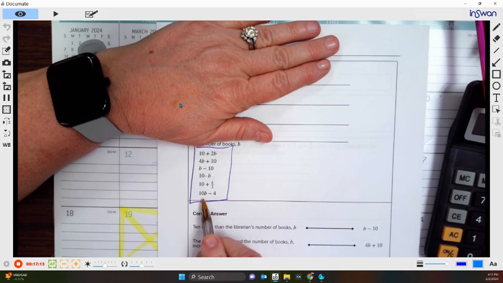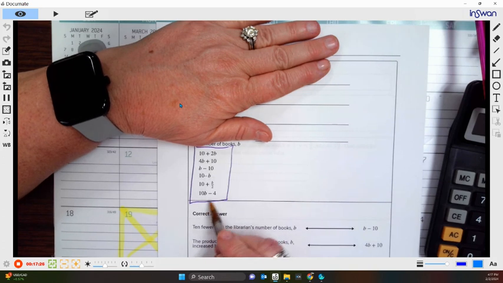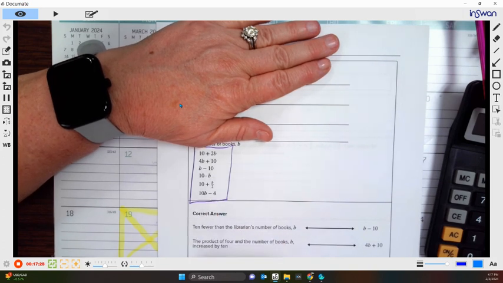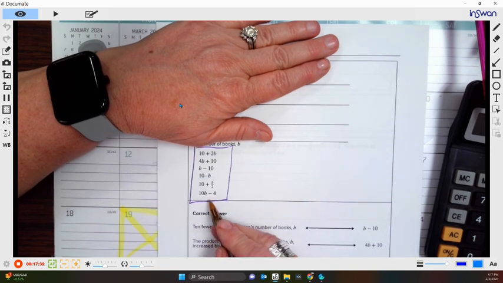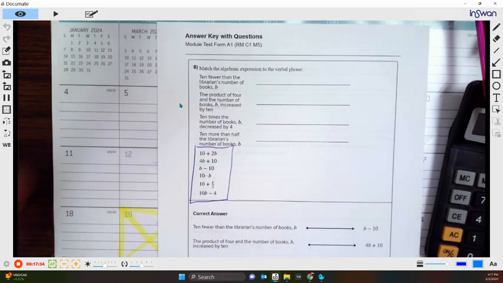And on the 10 times b minus 4, this is 4 less than 10 times b, or it is 10 times b minus 4, but technically, since it's going to be subtraction, it's either going to say less than or less or minus. So that's easy to kind of sort out.